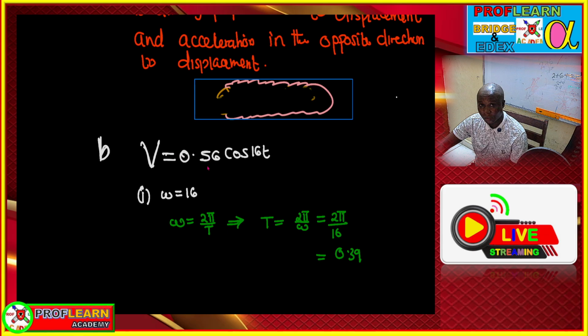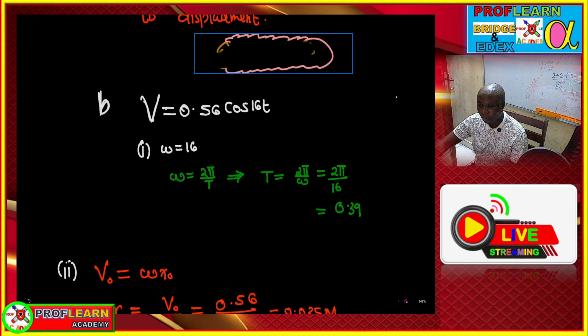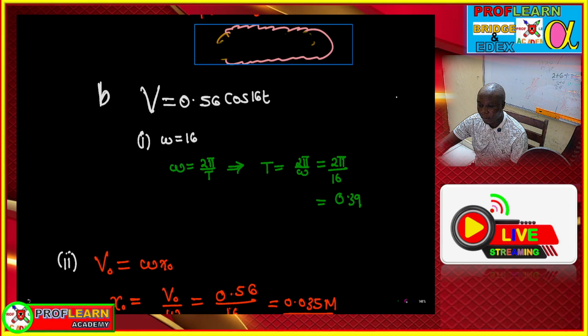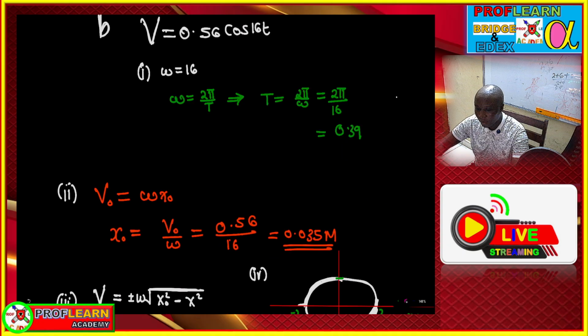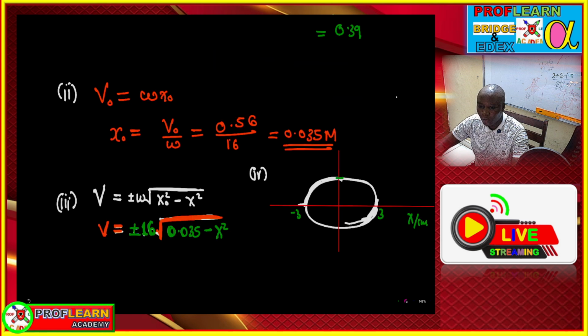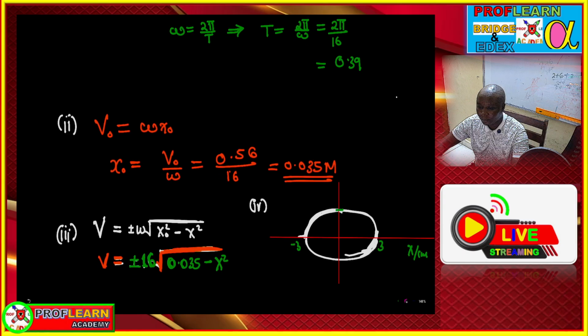initial velocity. Which means that we are going to have omega equals 2 pi over T. So if we make T the subject, you are going to get that the time period is going to be 0.39. Once you have this, you are now asked to work out the amplitude.